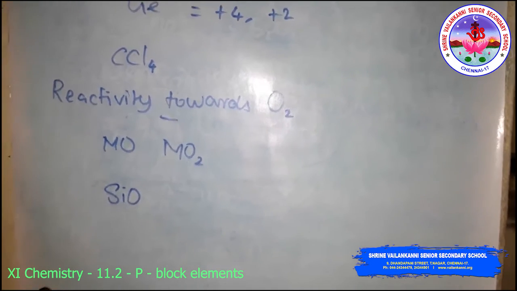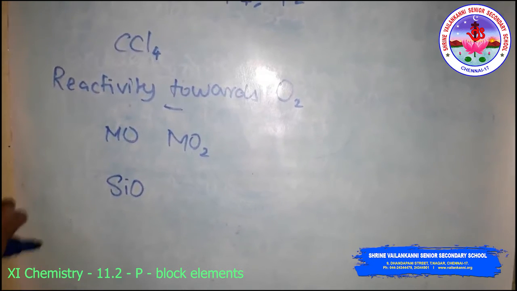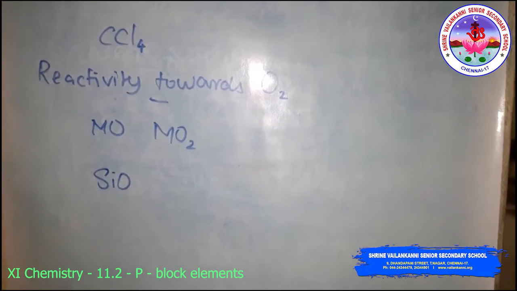The oxides in the higher oxidation state of elements are generally more acidic than those in the lower oxidation state.